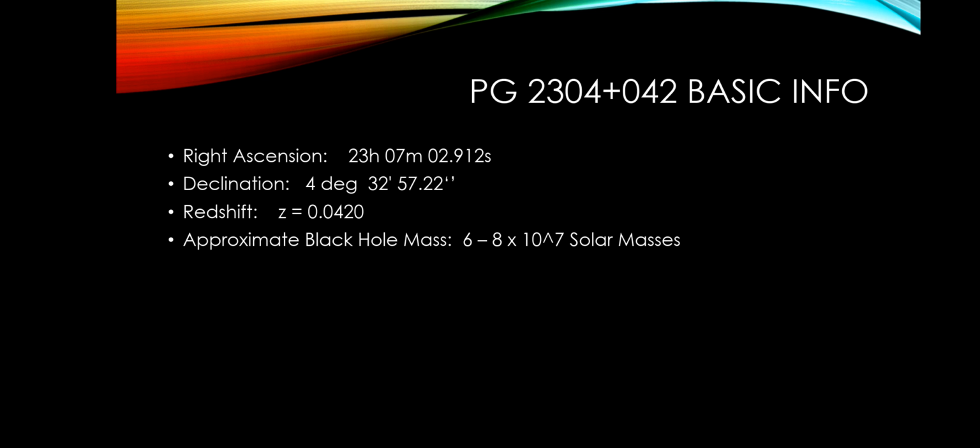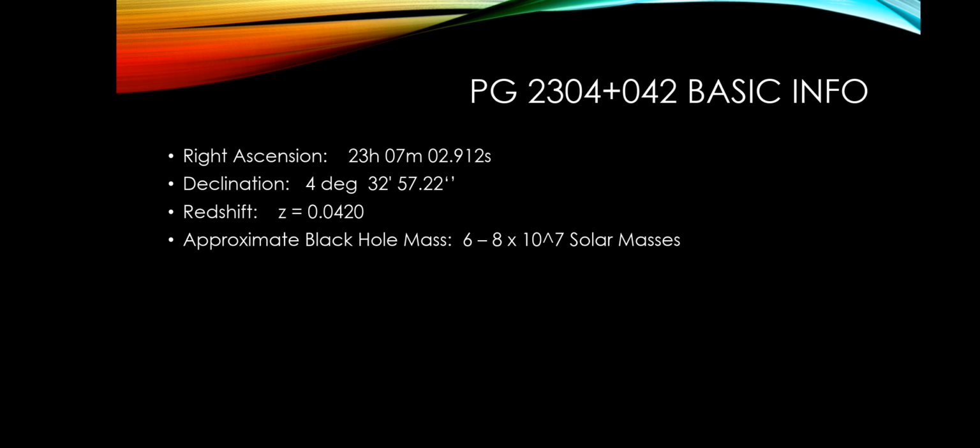So some basic info about PG 2304+042: its right ascension is 23 hours, 7 minutes, 2.912 seconds. Declination is 4 degrees, 32 arc minutes, and 57.22 arc seconds. It has a redshift of 0.0420, which again, I found to be interesting, that the +042 just happens to be the same thing as that.